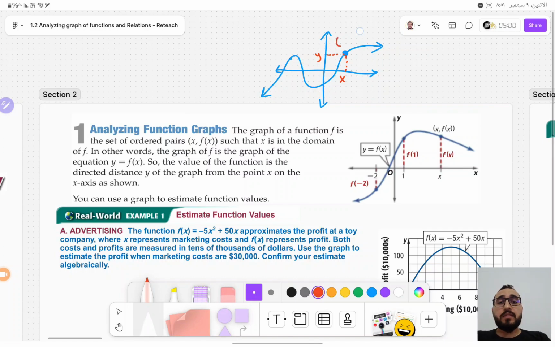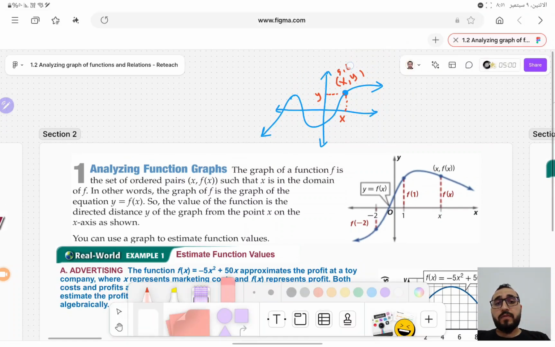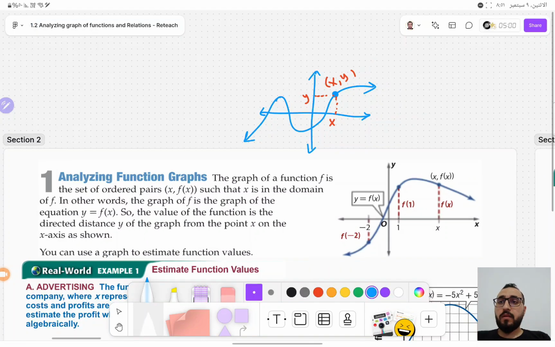As you know, this point has a coordinate x and y, so if let's say x is 5 and y is 6, we write 5 and 6. But now, because we are studying pre-calculus, we are going to replace y. What's the meaning of f of x? f of x is a function, and it also means y.